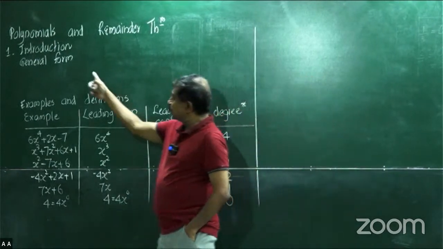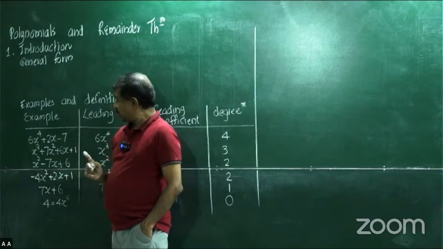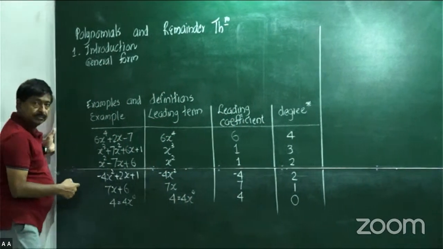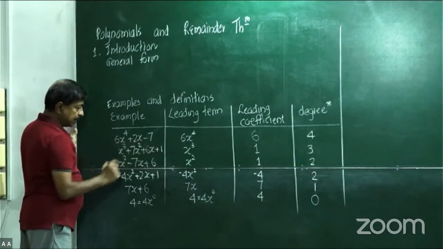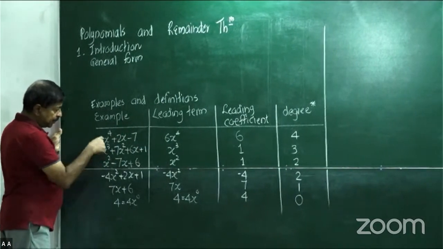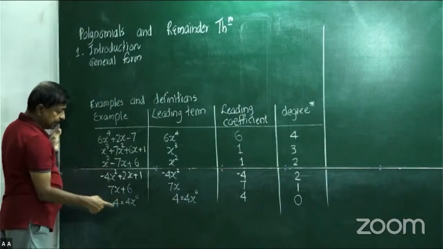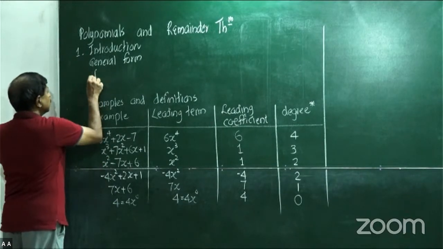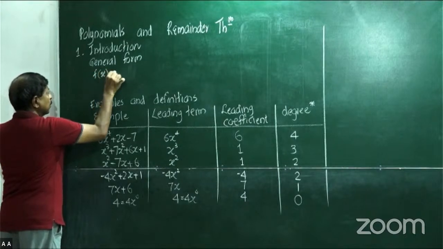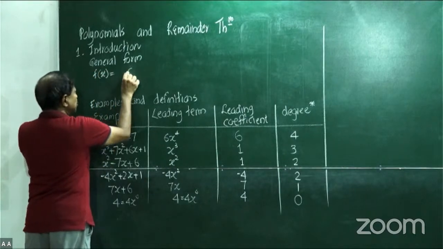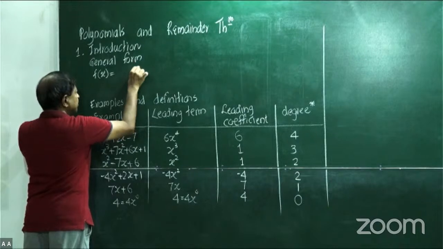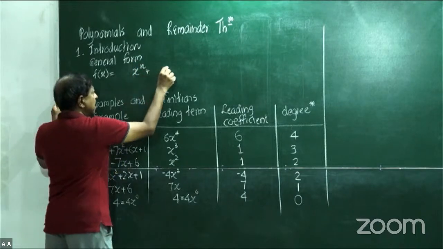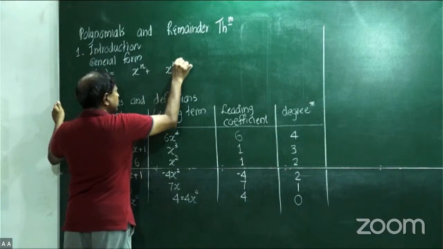Now, I promised you to write the general form. General form is like this. If you have something like this, you can see the starting point cannot be determined straight away. Degree can be anything. So let's write a polynomial of degree n. So you have x to the power n. Then you can have something like this.